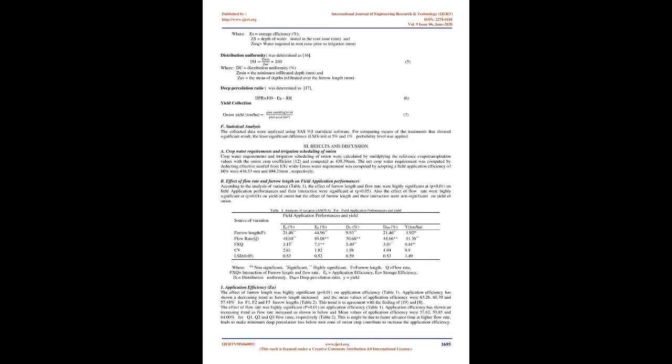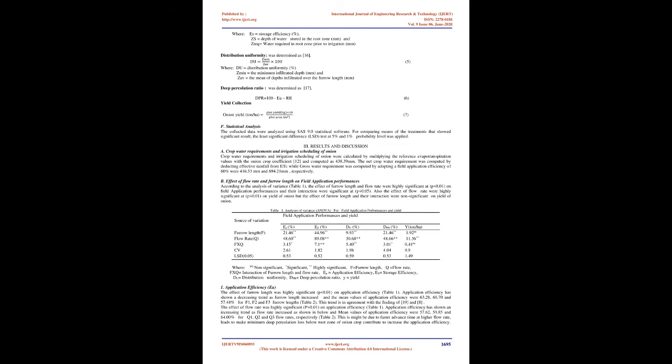Also, the effect of flow rate was highly significant at p<0.01 on yield of onion, but the effect of furrow length and their interaction were non-significant on yield of onion. 1. Application efficiency, EA. The effect of furrow length was highly significant, p<0.01, on application efficiency, Table 1.